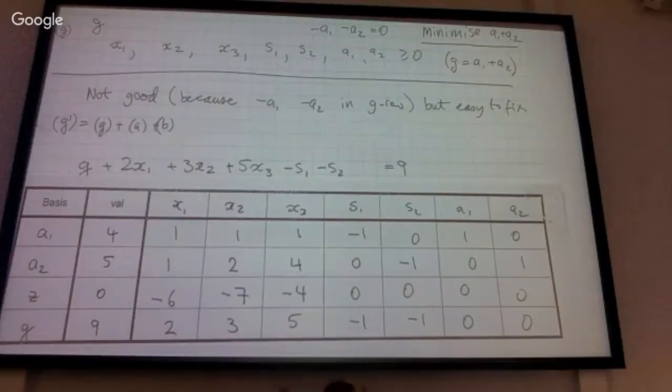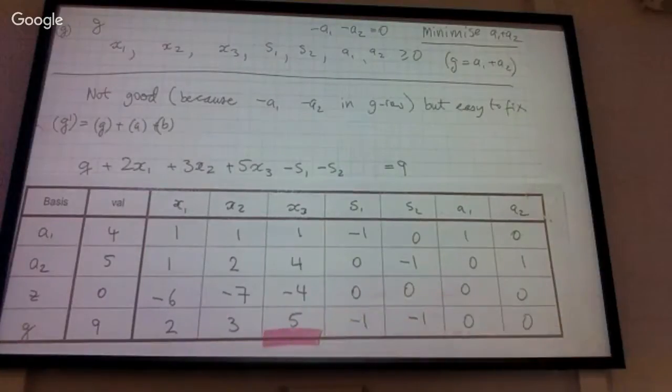So when we're minimizing G in the first stage, what we're trying to achieve is no positive entries in the G row. So we have positive entries. The rule of Dantzig would tell you to look at the largest among them. So that's the 5.